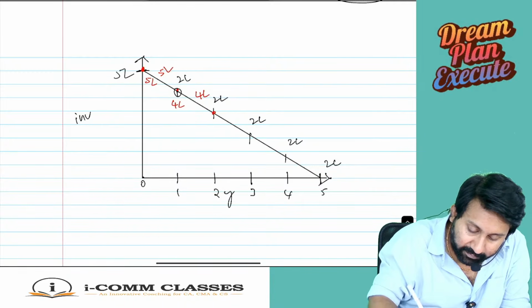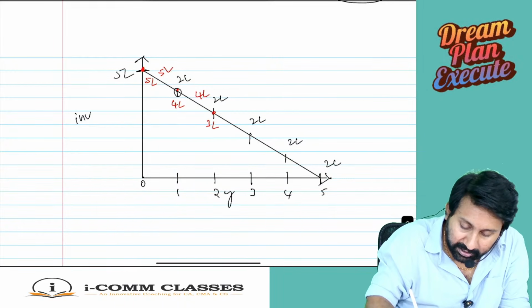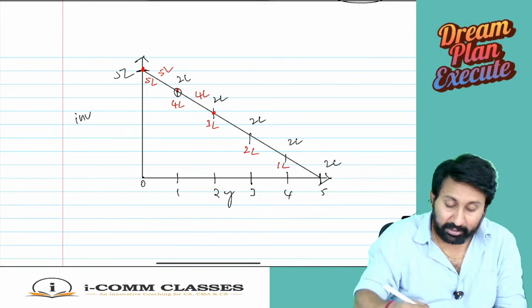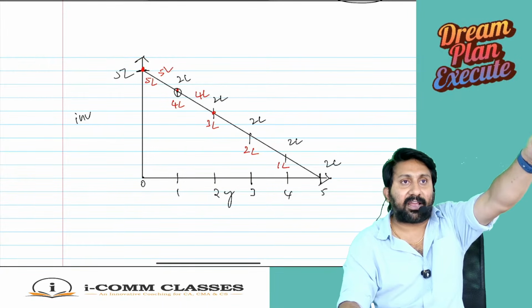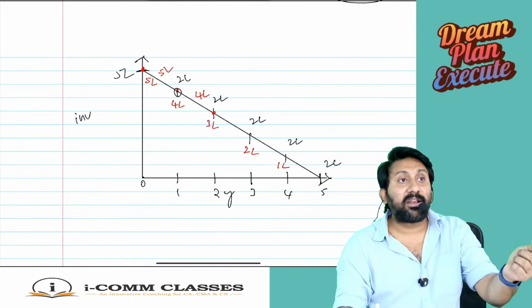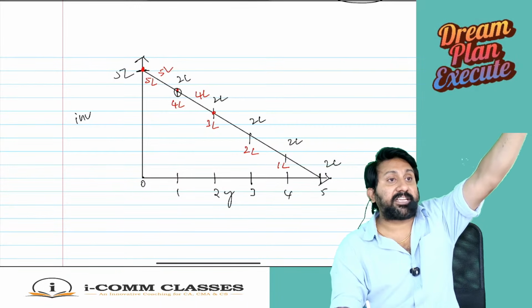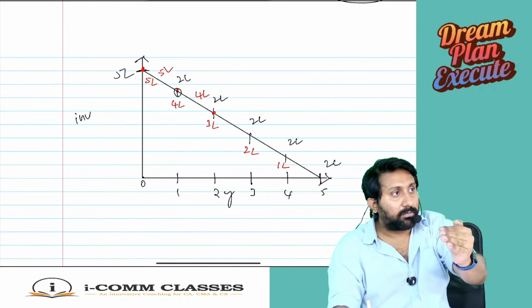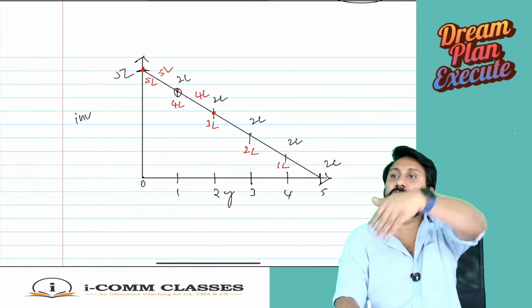Second year, third year, fourth year, fifth year beginning. These are all beginning values. Year 0, 5 lakh. You started with 5. At first year ending, how much did it become? 4. Second year, 3. Third year, 2. Fourth year, and fifth year, 0 value asset.